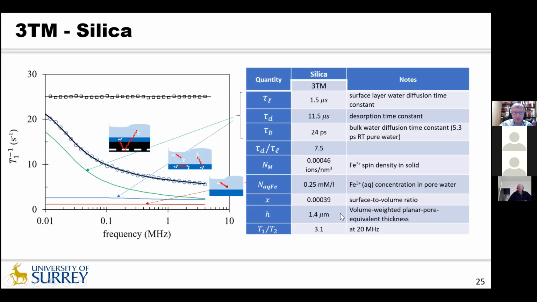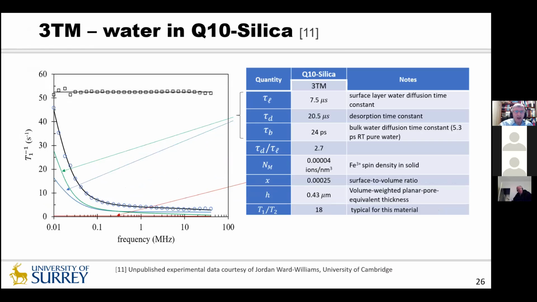Just before we move on to look at another silica sample, just hold in your thoughts the 1.4 microns for H as a sort of characteristic distance parameter, size parameter of the pores, and the 3.1 normal number for the T1 to T2 ratio. Because in the next step, we're moving to a Q10 silica sample imbibed with water. The 10 of the Q10, as I understand it, stands for nanometers.